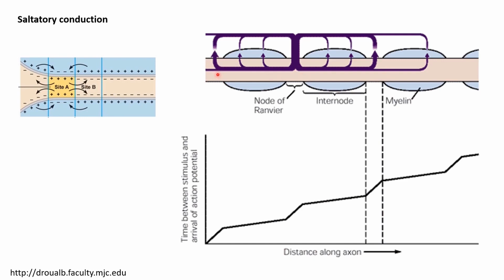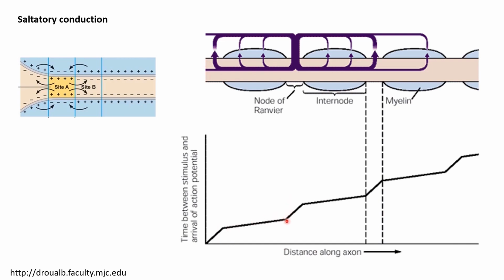If we look at how much time the action potential takes to travel along the axon, so this is the position along the axon, and on the y-axis we have the time. So it takes some time for generating at a node of Ranvier. Then from one node to the next, it takes very little time to go a long distance.